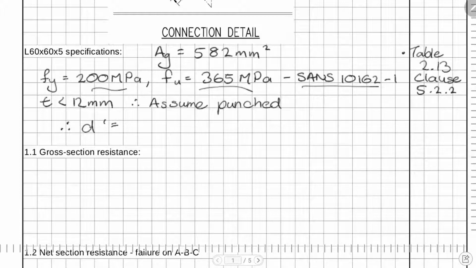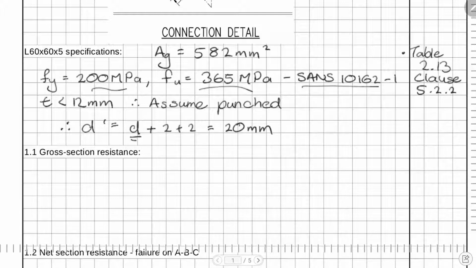Since we actually don't know, there's a rule of thumb provided in the Red Book that for steel less than 12 mm you assume it to be punched, and then you take the diameter as the diameter of the bolt, which is a 20 mm bolt, plus 2 mm because you allow 2 mm tolerance. So you always make the hole 2 mm bigger, just to allow the little tolerance to get the bolt in. Plus, as we punch it, we probably damage it a little bit, so we lose another 2 mm. So then we get to a 20 millimeter hole.